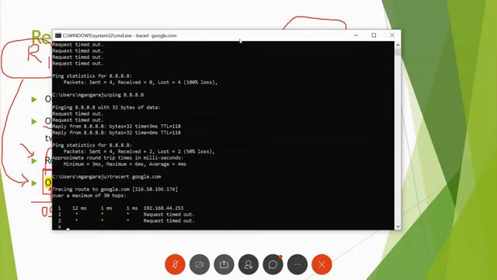For some reason, I'm not being provided the information, but you can just check. The IP addresses will be different. Sometimes the network will not allow you to gather the information.